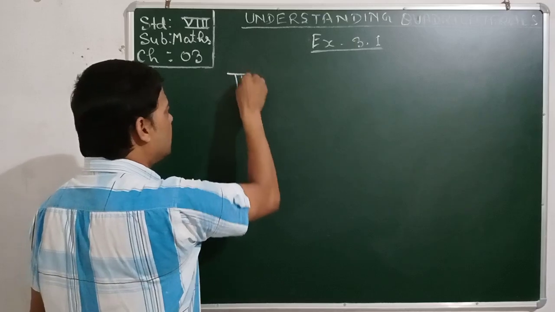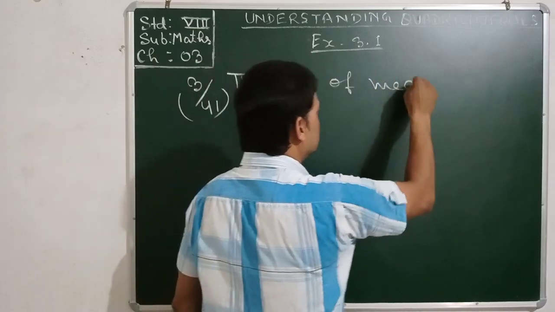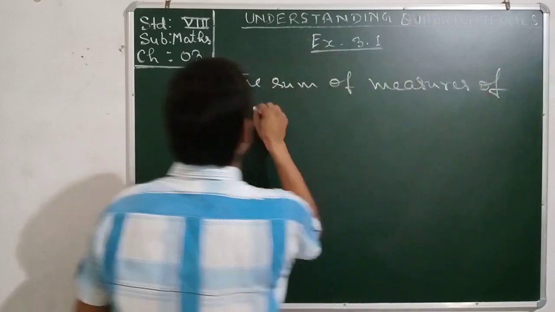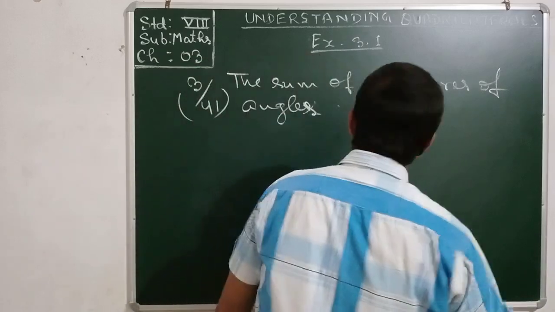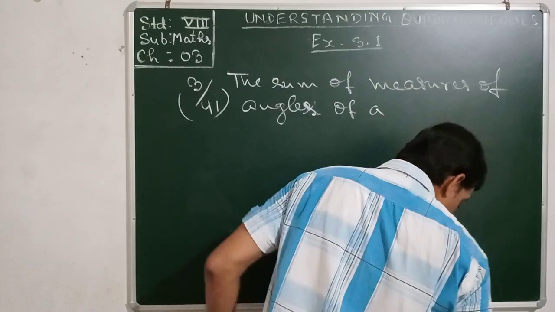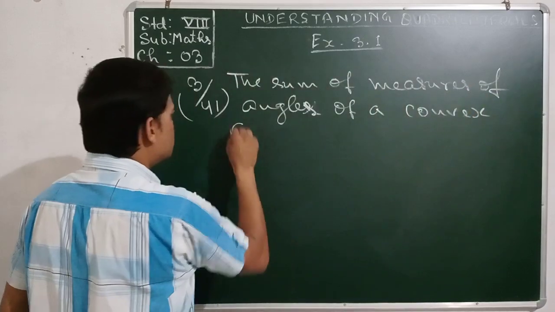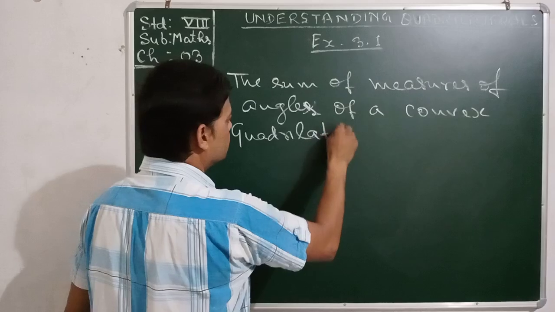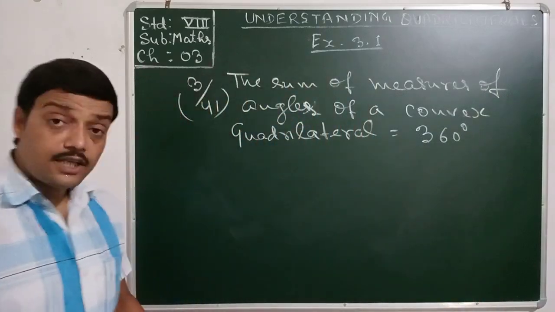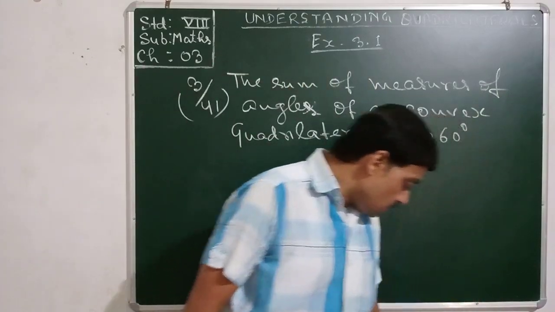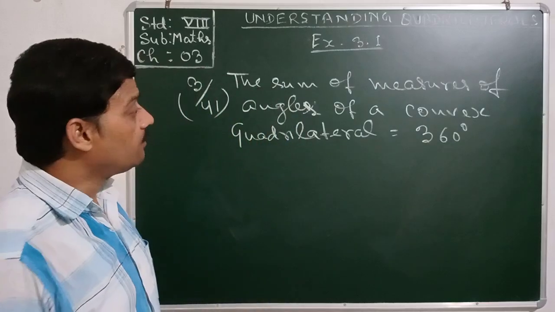So we can write the sum of measures of angles of convex quadrilateral is 360 degree, and in the second case it is asked, will this property hold true if the quadrilateral is not convex?